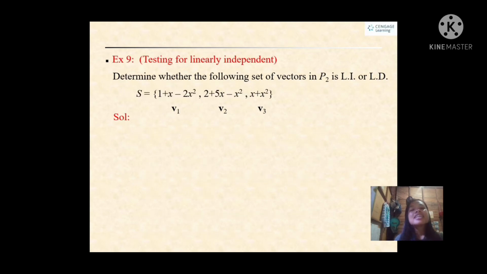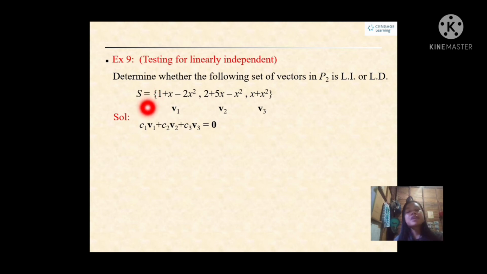Example 9, testing for linear independence, determine whether the following set of vectors in P sub 2 is linearly independent or linearly dependent.